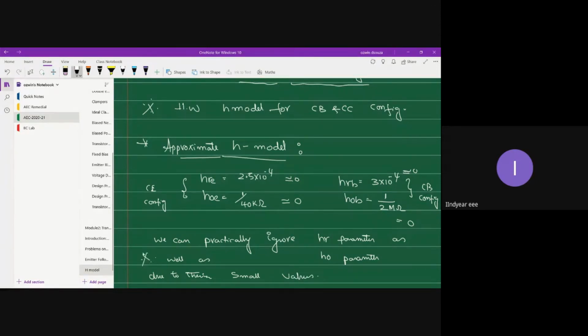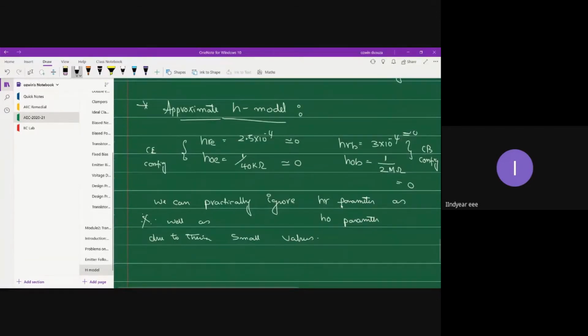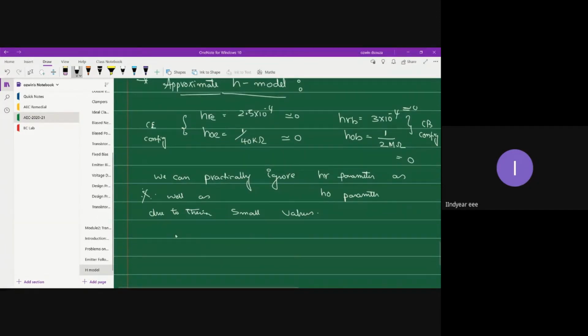I have given you the physical values for HRE, HRB, HOE, and HOB, so based on those we can conclude that HR and HO are negligibly small, hence they can be removed from the equation.